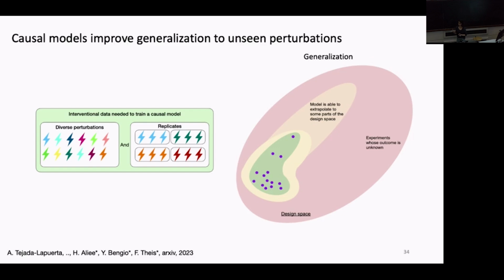But in the end, the generalization is always limited. Because we can't really have all the possible perturbations, it's massive and it can be super expensive. So if we train the model with only these few samples, then we will have a generalization property that is still limited, meaning that the model cannot predict everything that is possible.